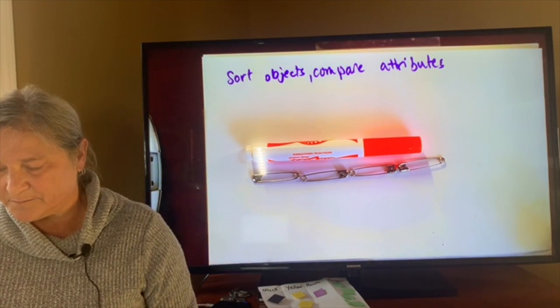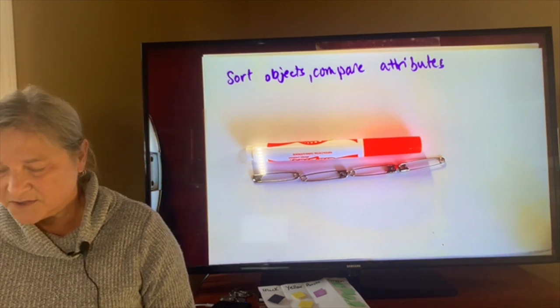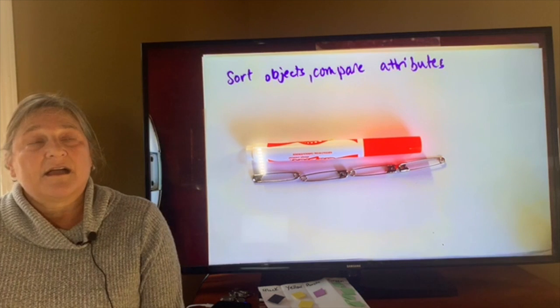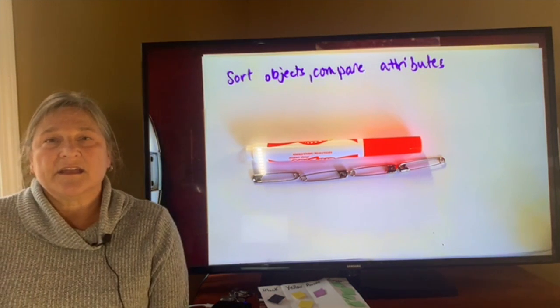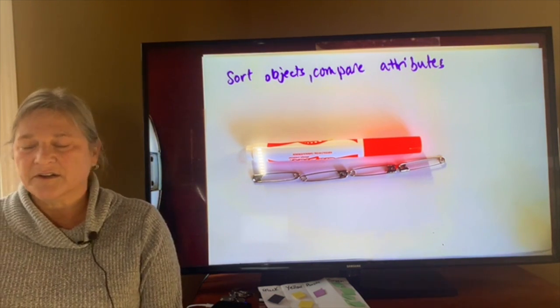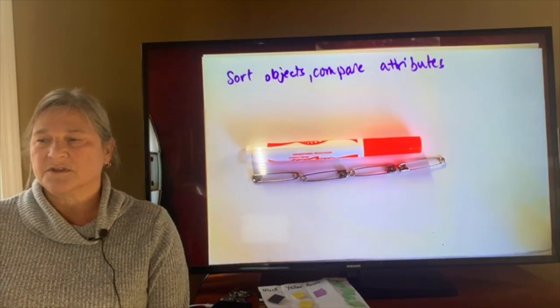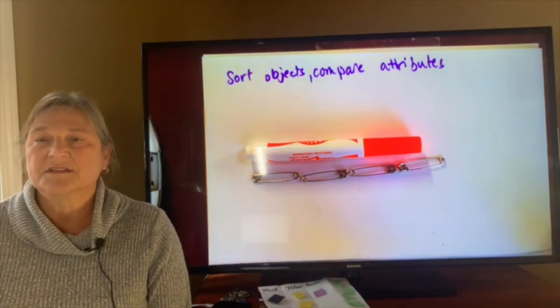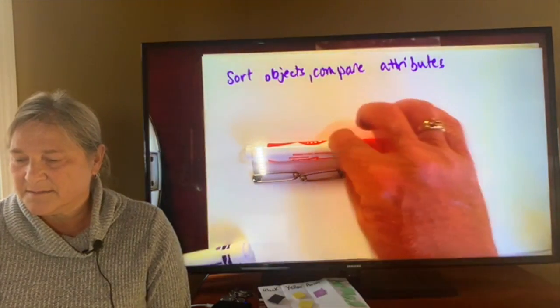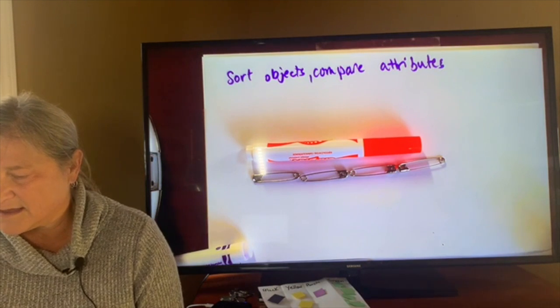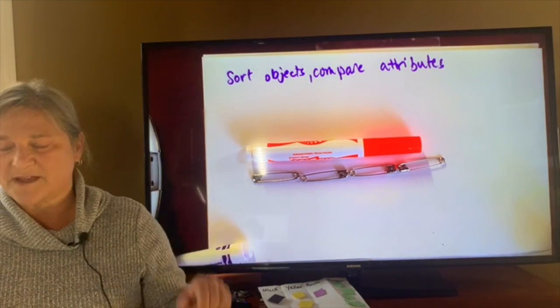Now, another thing to think about with first grade, actually, this could be for both first grade and kindergarten. You can do a scavenger hunt. So let's say you have a kindergartner, and kindergartners measure with tools that they use. Let's do I Spy first.